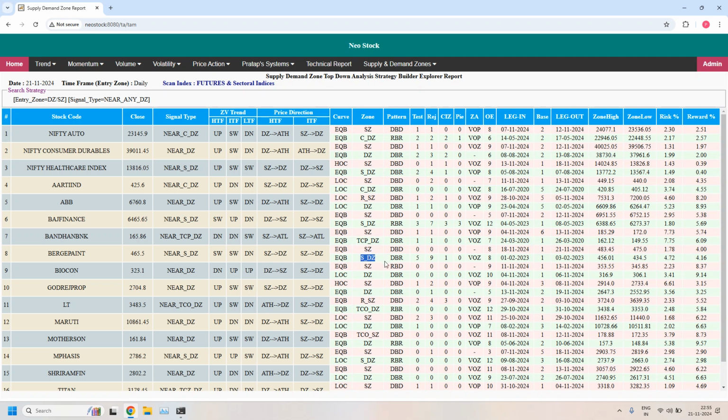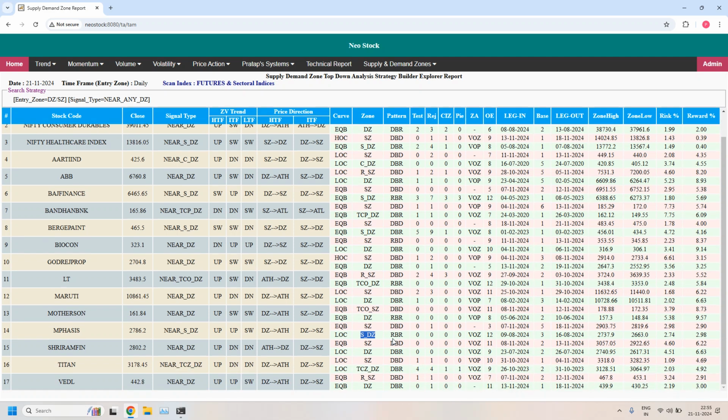Next, Berger Paints is having a high liquidity daily demand zone. Emphasis is having a high liquidity daily demand zone. That's it. We have 4 high liquidity daily demand zones from this list.